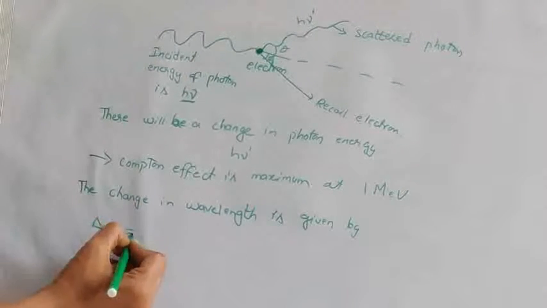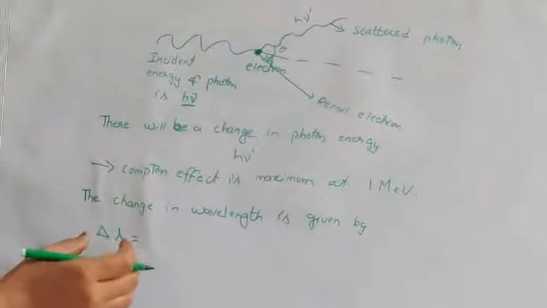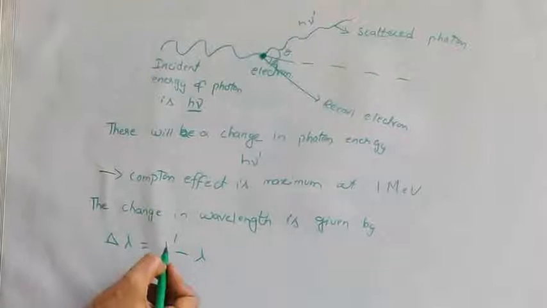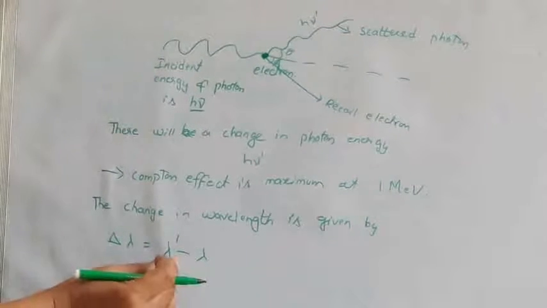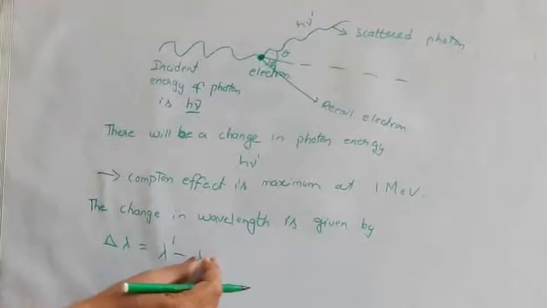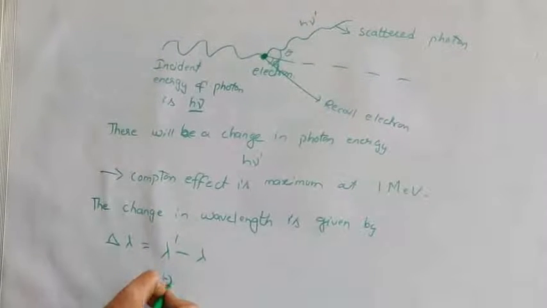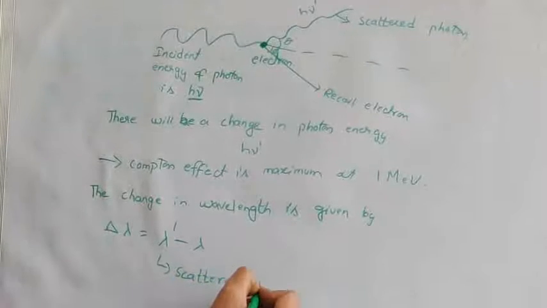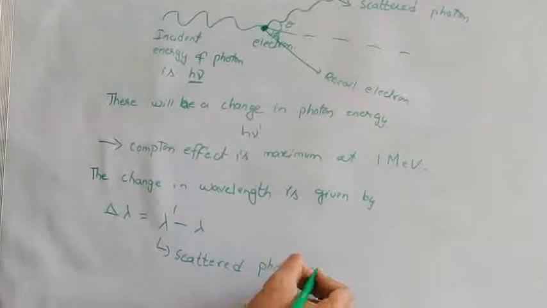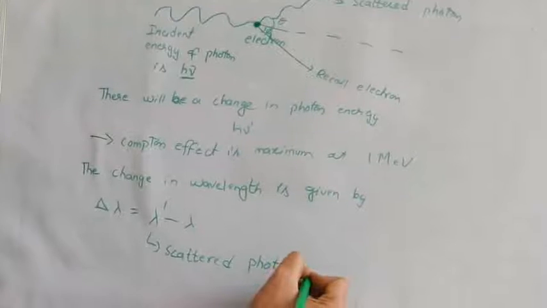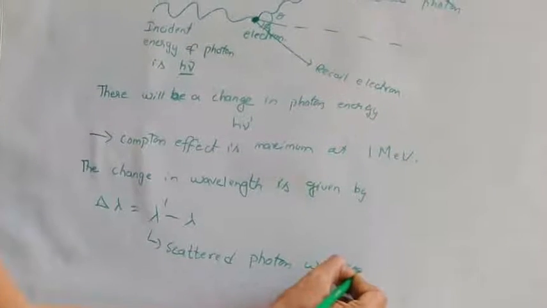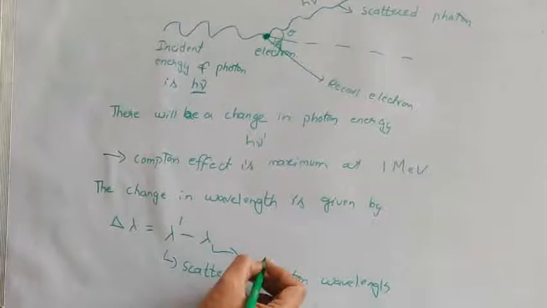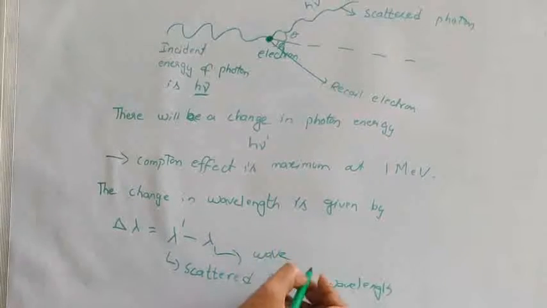Delta lambda represents the change in wavelength, which is represented by lambda dash minus lambda. Here lambda dash represents the scattered photon wavelength, whereas lambda represents the wavelength of the incident photon.